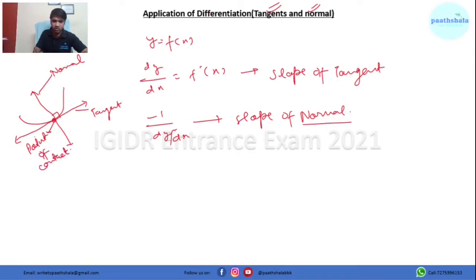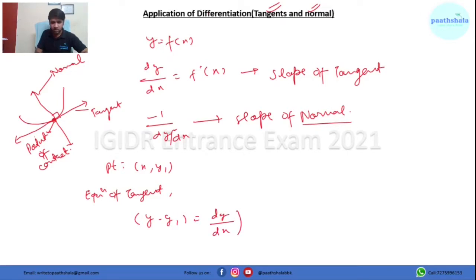Now let's move ahead. We have to find the equation of tangent and the equation of normal, so we should have a point of contact. Let's say the point is (x1, y1). The equation of tangent will be y minus y1 equals dy by dx at (x1, y1), and in another bracket x minus x1.